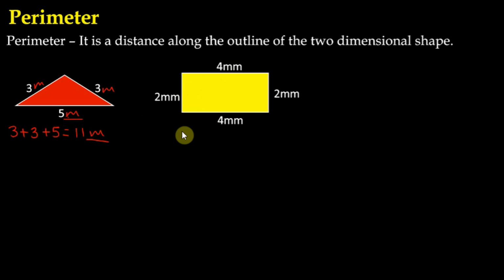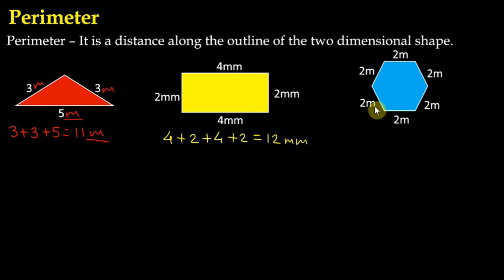So we will get 4 plus 2 plus 4 plus 2. That equals 4 plus 2 is 6 plus 4 is 10 plus 2 is 12 millimeters. So the perimeter of this rectangle is 12 millimeters. Now here the unit of the length of the side is millimeter, therefore the unit of the perimeter is millimeter.